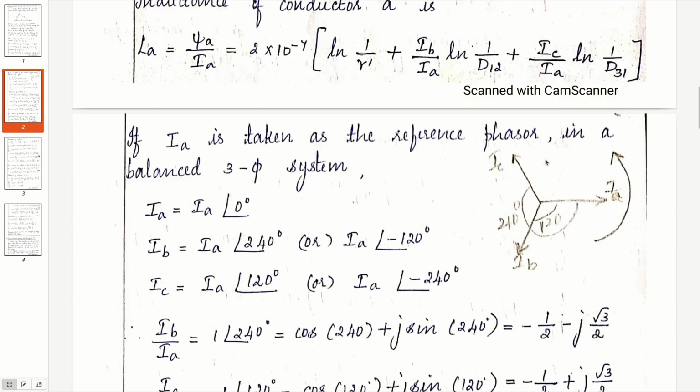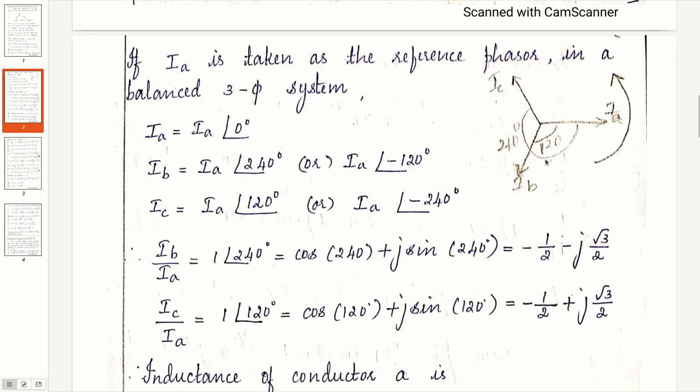We know that for a three-phase balanced system, the magnitudes of the currents in the three phases will be the same, and the phase angle between the phase currents will be 120 degrees for ABC phase sequence.